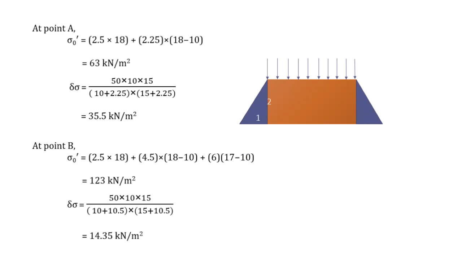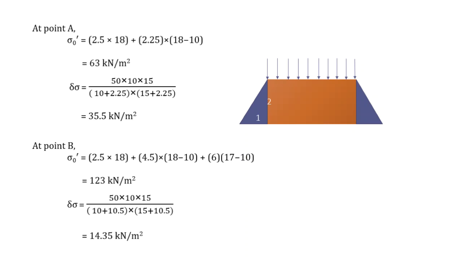So in the horizontal direction, on one side we will go 2.25 divided by 2, and on the other side we will go 2.25 divided by 2. So net we will go 2.25 meter. So the breadth will be 10 plus 2.25 meter, and the length will be 15 plus 2.25 meter. So doing so, we find the increase in effective overburden pressure.